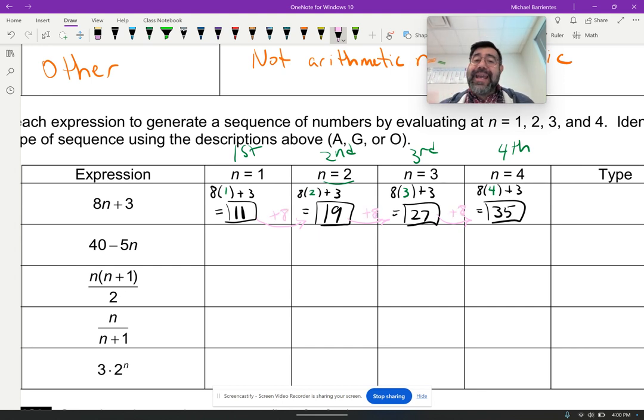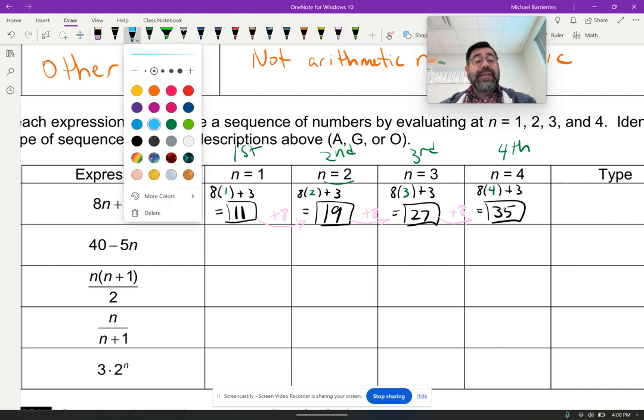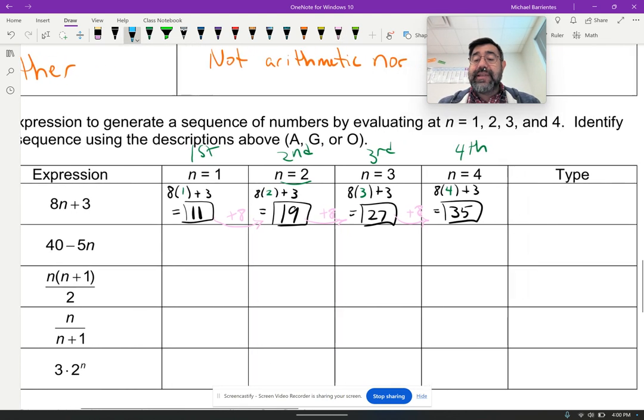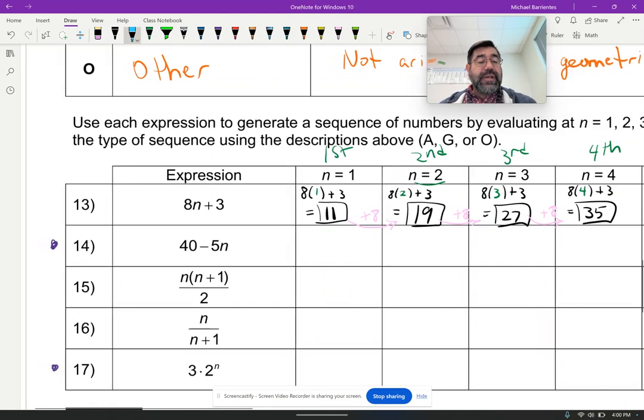So if I'm adding 8 every time, that means this is an arithmetic sequence. An arithmetic sequence produces a list of values in order that are increasing by the same number every time. That's it.